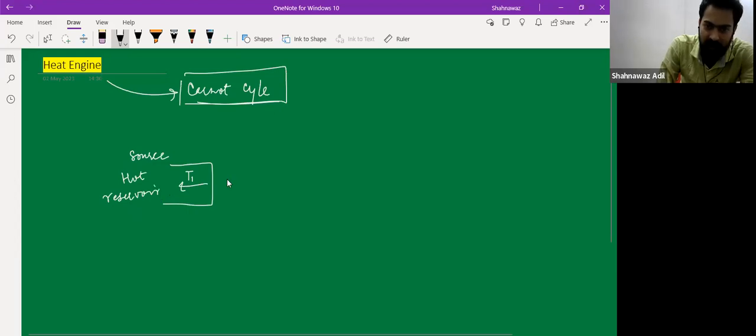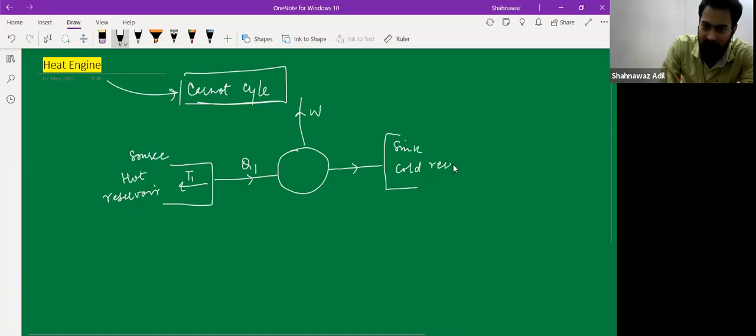Some heat is given from this source to the gas. The gas then does some work, and some heat is released, which goes to this sink, which is the cold reservoir.